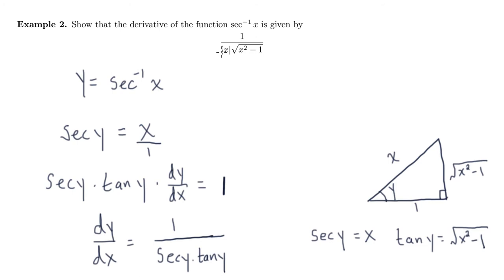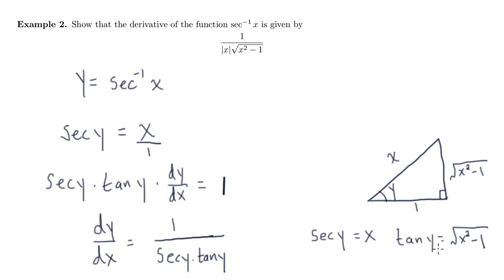In the case for tangent and cosine that we saw, we didn't really have this subtle issue. The issue here actually comes from the domain restriction. So you see we're almost done. If we plug in secant y and tangent y in here, then we're basically done.